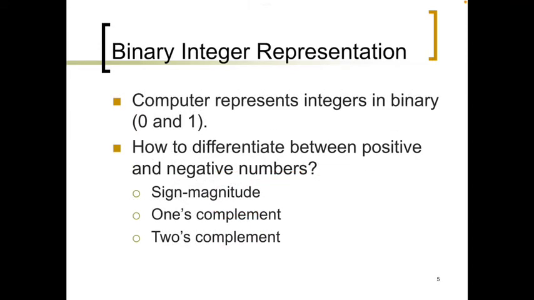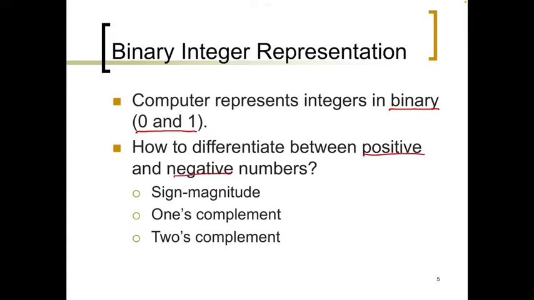So, binary integer representation. How does a computer represent binary, especially integer binary? Computer represents integer in binary. What is binary? Binary is 0 and 1, the combination of 0 and 1. How do we differentiate between positive and negative?